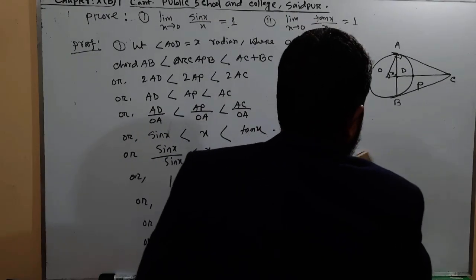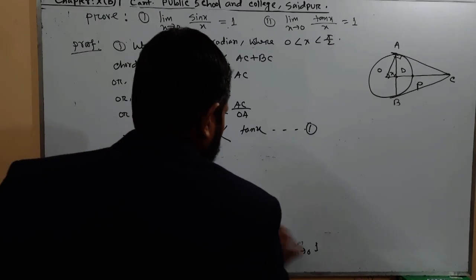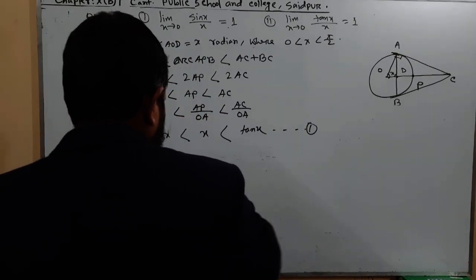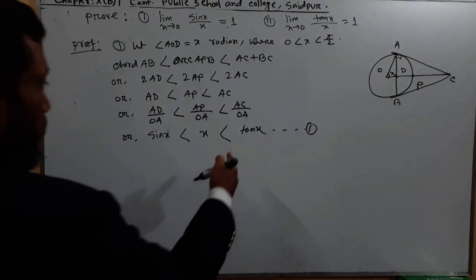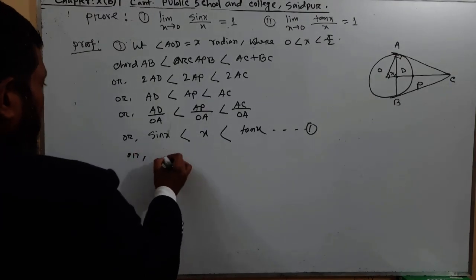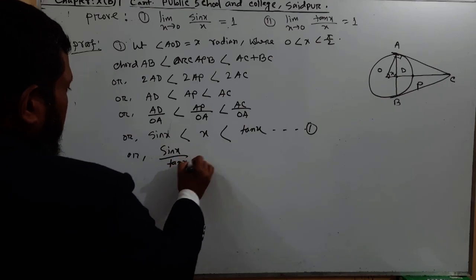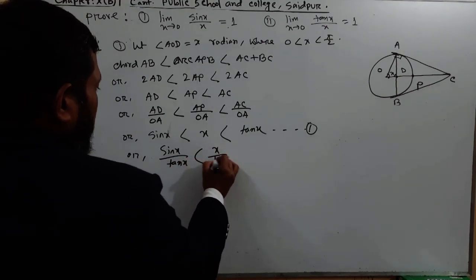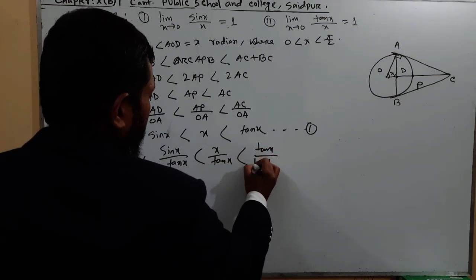I am cleaning up to this here. Dividing both sides by sin x, then we get sin x by sin x, x by sin x, and tan x by sin x.